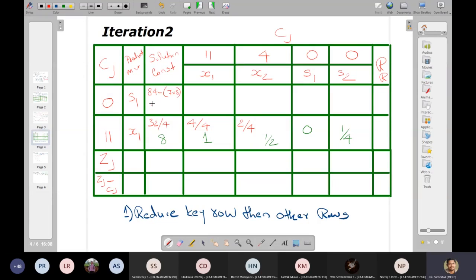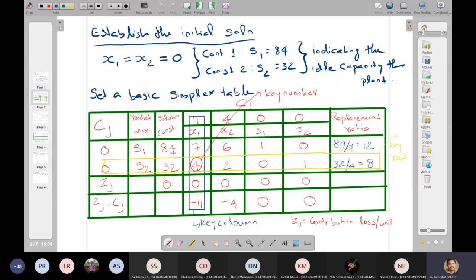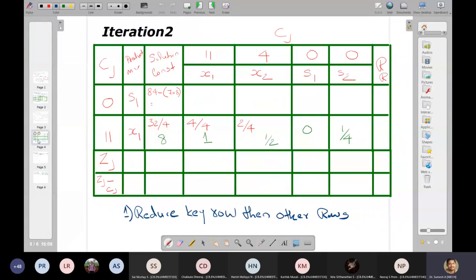I have taken 84 from the previous iteration. 7 is the intersecting element and the reduced key element is 8.